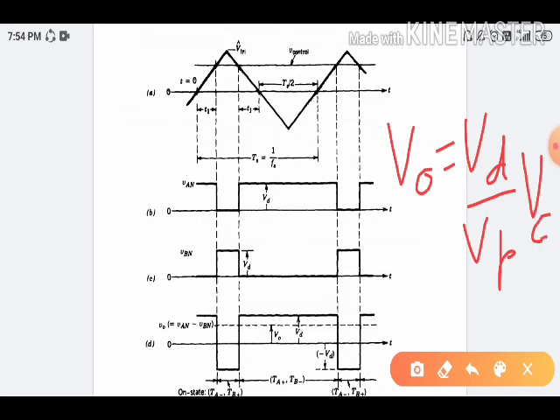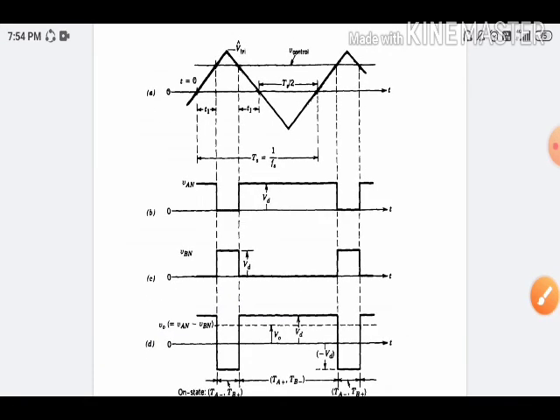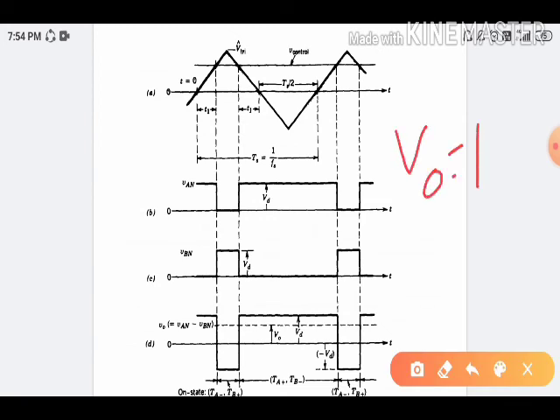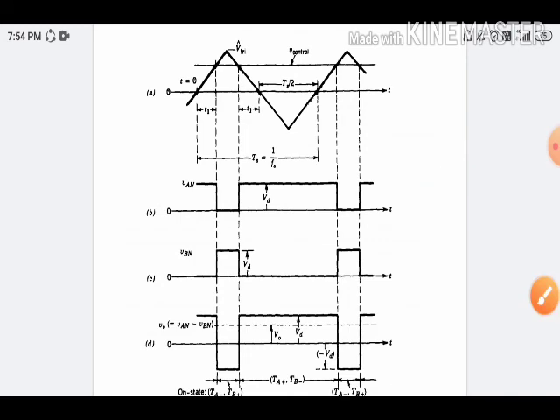The term VD upon the triangular peak voltage is constant, so Vout is equal to K times V control. Here we can see that the output voltage varies linearly with the input control signal.